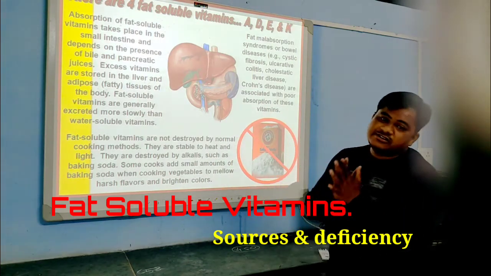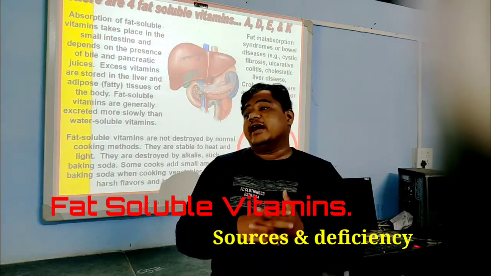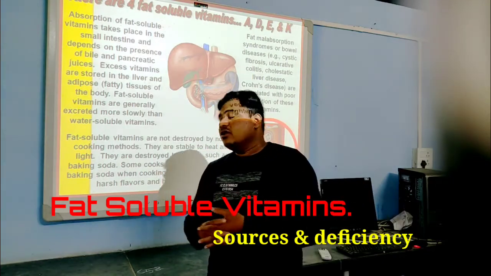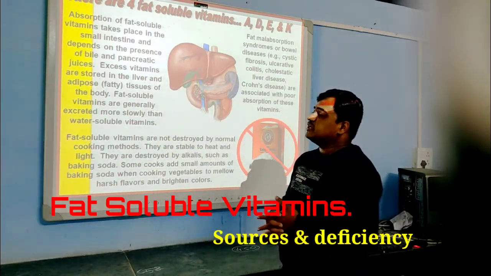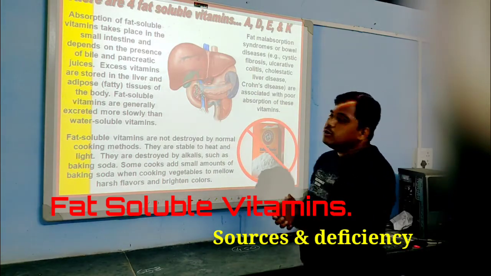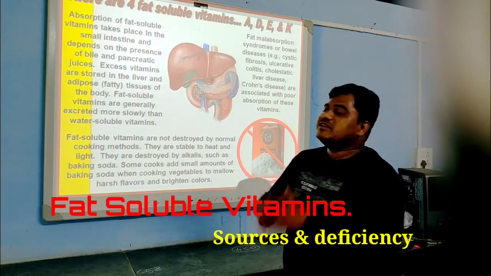And the excess vitamins, whatever vitamins we have taken in our diet, sometimes they get in excess. That particular excess is stored in the liver and adipose, that is fatty tissue of the body.